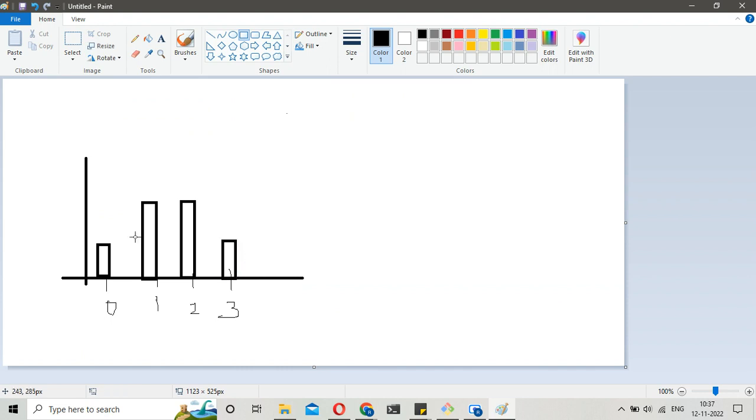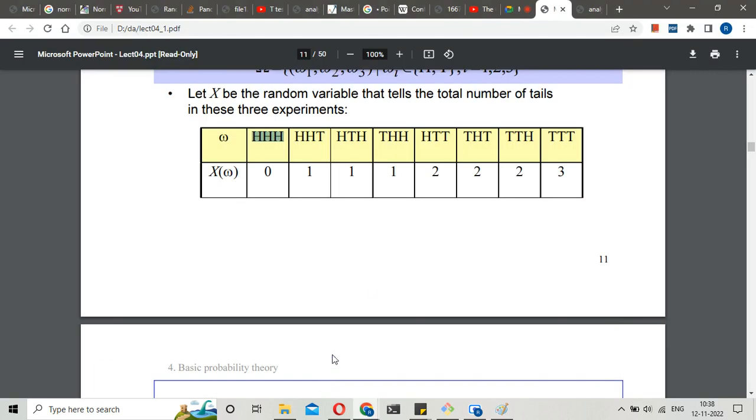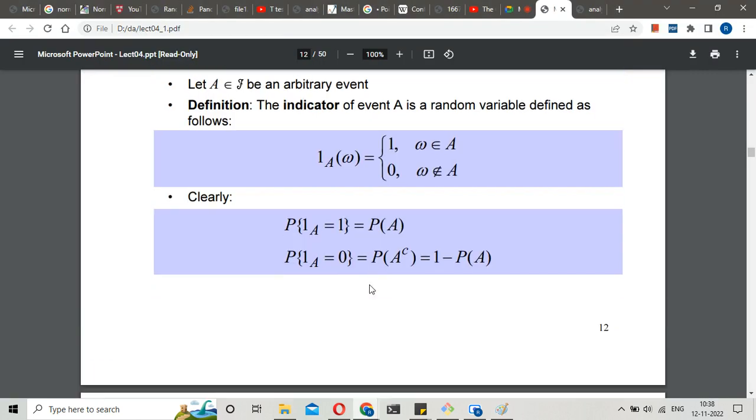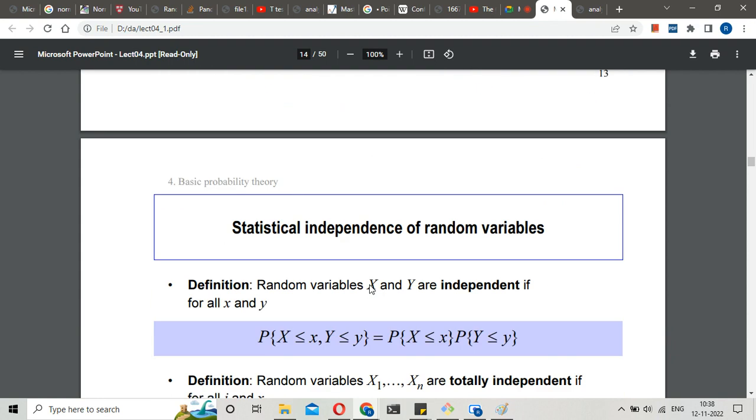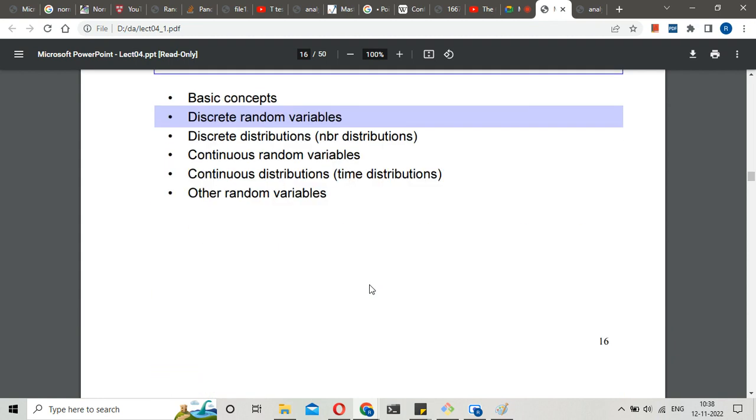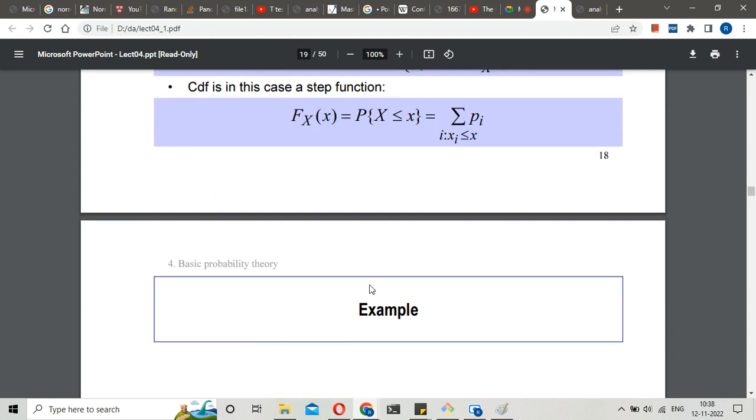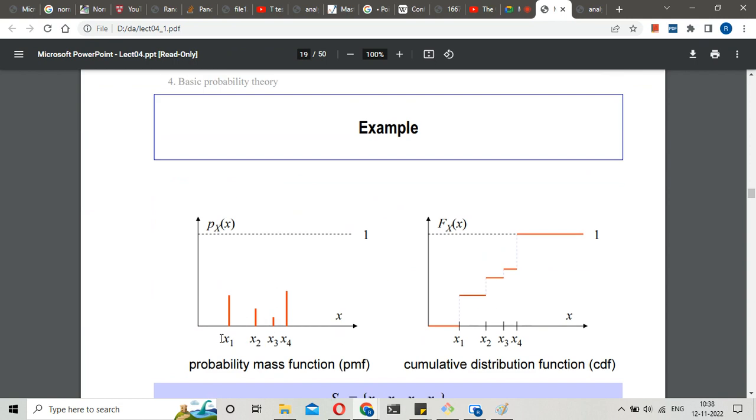So this is the PMF actually, not PDF, for discrete variables. We check all the possibilities and plot how it looks. Are you understanding what we are saying? We just plot all the probabilities for each of the values, whatever possibilities we have.